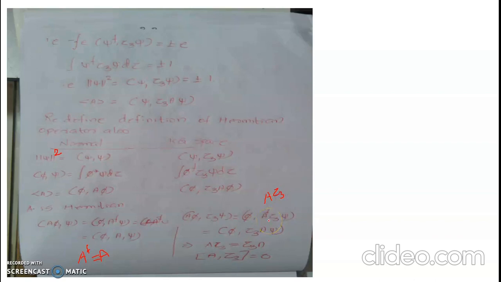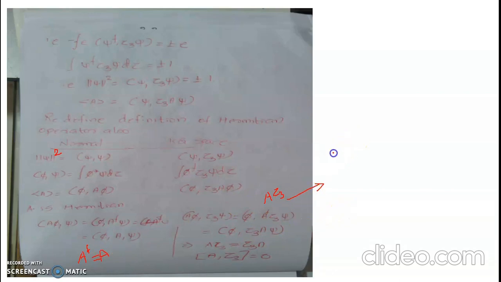But that is not the demand for A to be Hermitian as long as the Klein-Gordon space is concerned. I must write tau 3 as a prefactor, then only this is consistent with this one as per the modified definition. For that, this should be equal to phi, tau 3 A psi. This necessitates a modified definition for Hermitian operator A, instead of A dagger equal to A, as long as the Klein-Gordon space is concerned.